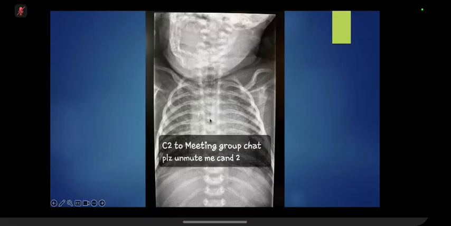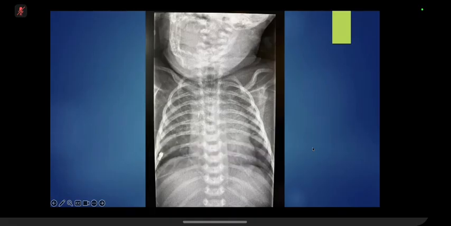Okay, what about this? An endotracheal tube. Can you see these two metallic clips? Yes. So what do you think is happening to the patient? It could be a previous surgery done for him.